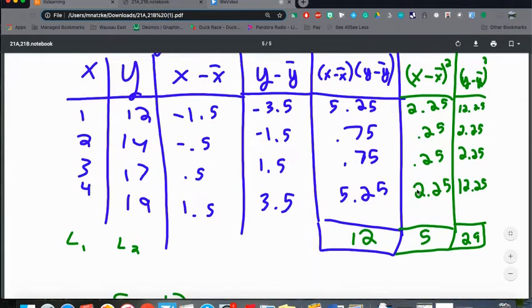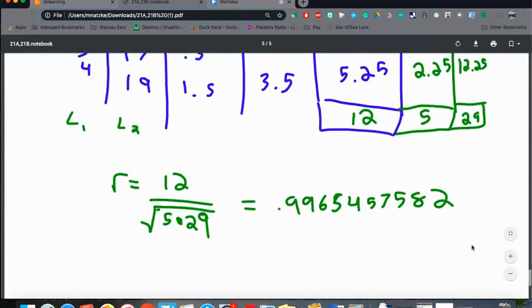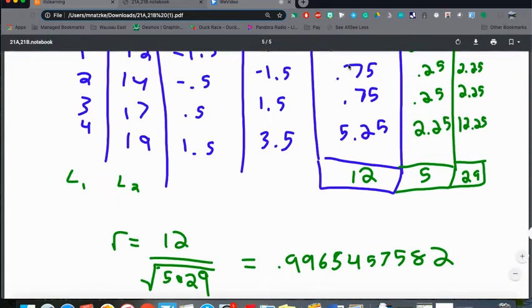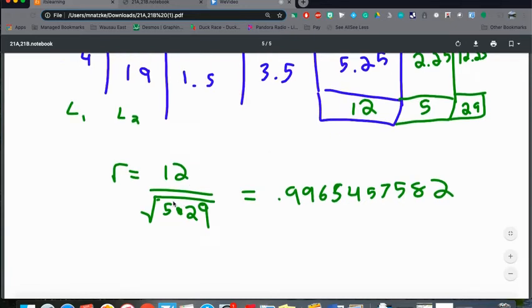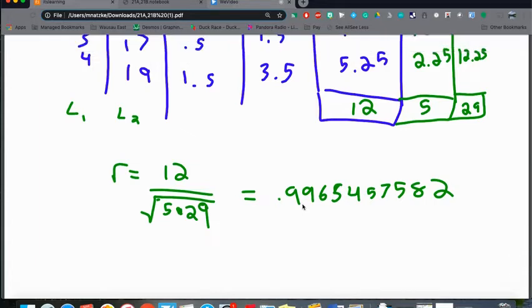For the sums, you add them all up, so these numbers down here are just these three columns added up. Then it's the sum of this over the square root of the sum of your x's times the sum of your y's. If you do that, you get 0.99654. So what you can tell from that is these points have a positive slope and they pretty much form a line.